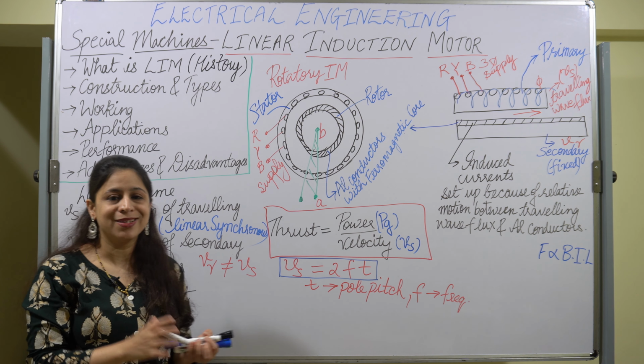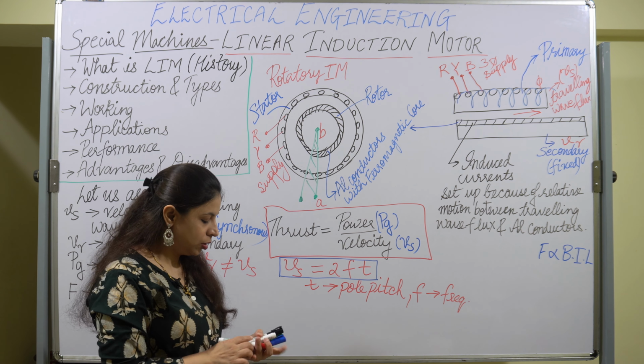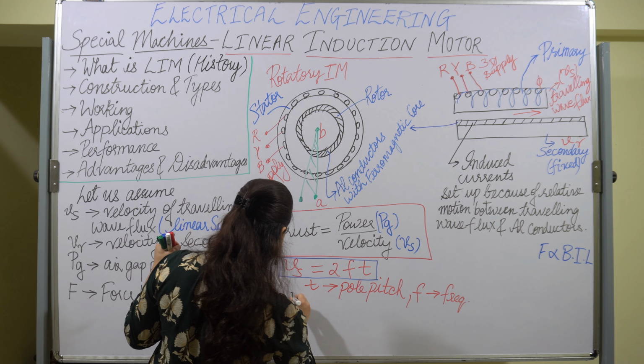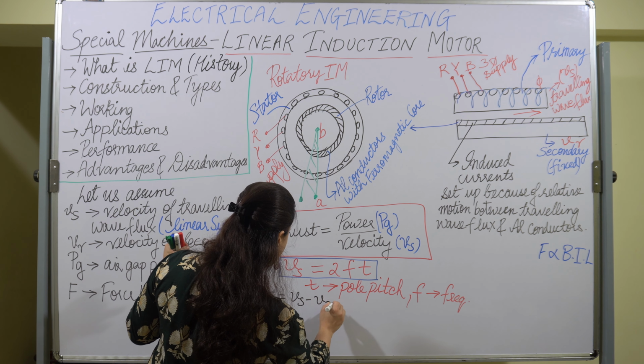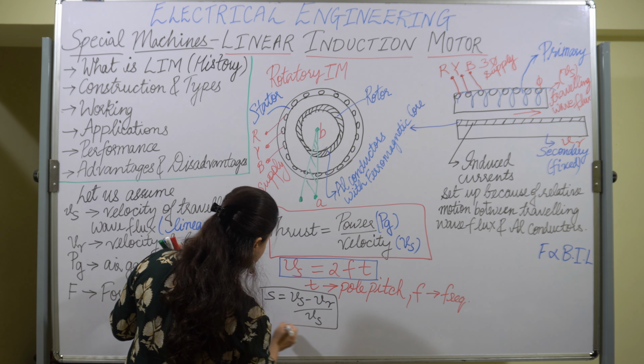So there will be a slip over here, the same concept as the three-phase induction motor. The slip is also given by the same formula, Vs minus Vr upon Vs. Only thing is here everything is linear.